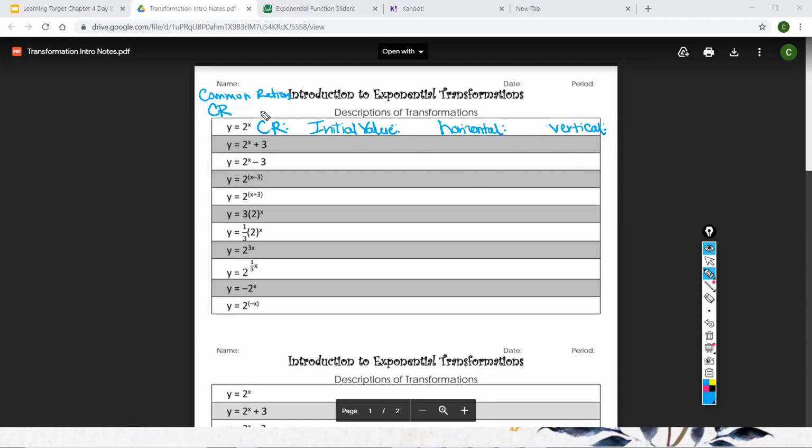So like for this one, this is the parent function, right? Because look at everything else. Do you guys see the changes? What does not change about this every single time? Y equals 2 to the x power, right? That does not change. So your ratio for this one is 2. The initial value is 1. Does it have a horizontal or vertical? No, so you put NA.